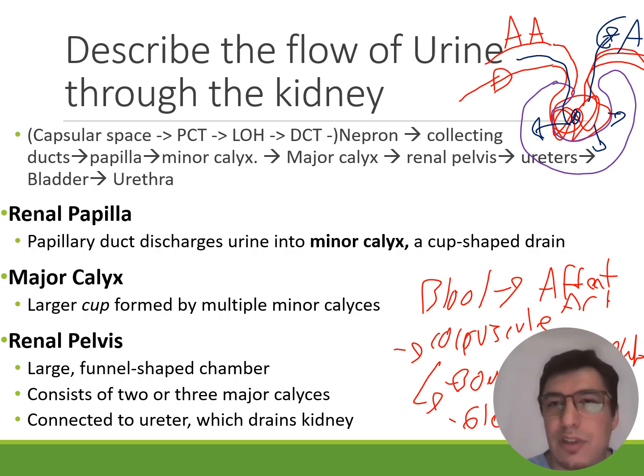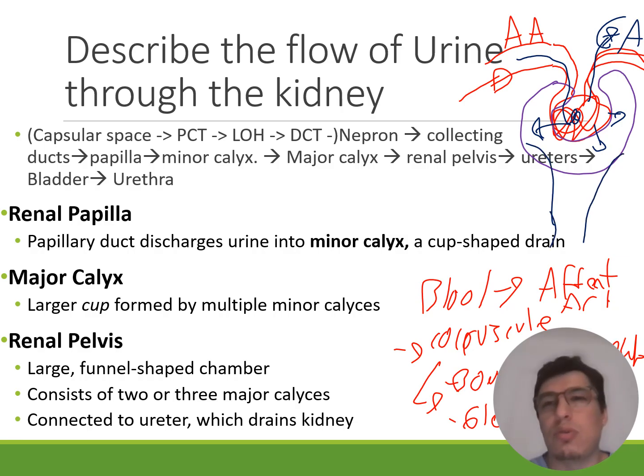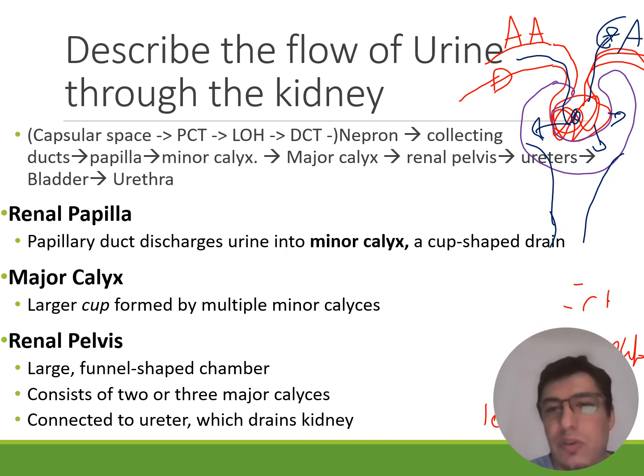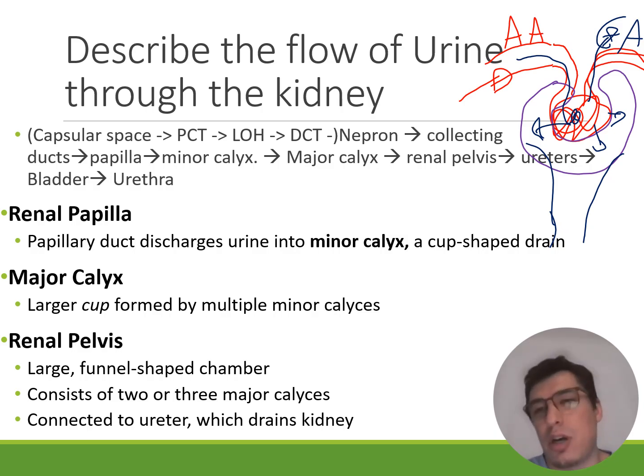Now, this filtrate that is down here is going to start through something that we call the proximal convoluted tubule. The proximal convoluted tubule is going to make major reabsorption of nutrients.